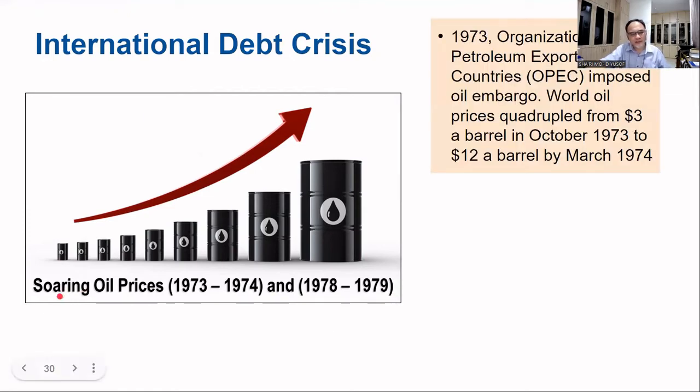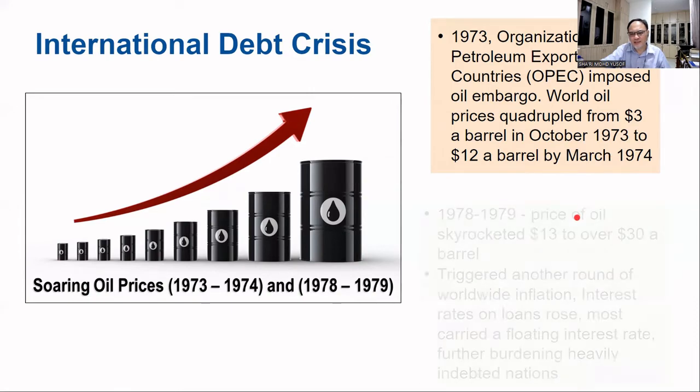So this is the situation of soaring oil prices. In 1973, OPEC imposed an oil embargo, and immediately the price of oil quadrupled, from $3 a barrel to $12 a barrel in less than a year.